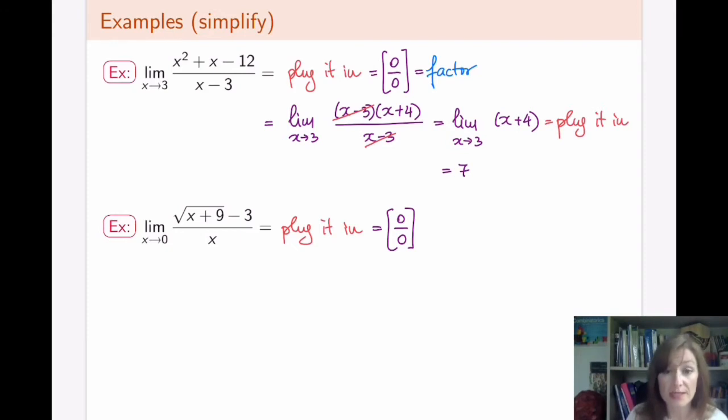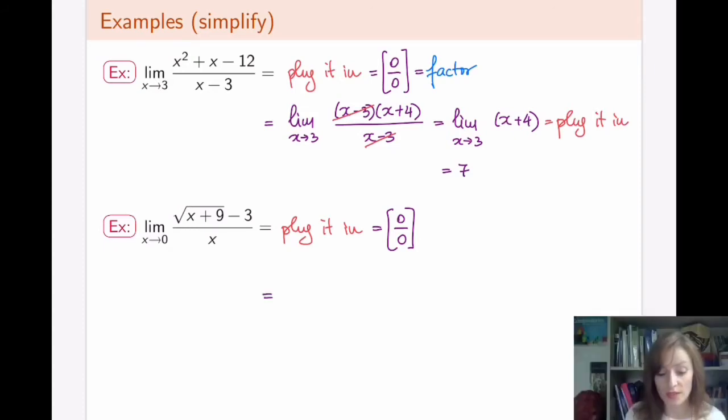So the one common technique to get rid of the square root is to multiply by the conjugate. So to multiply by the exact same expression, but instead of the minus separating the two pieces, you're going to have a plus. Because we're going to multiply by the conjugate, in order to keep the value, we also have to divide by the conjugate.